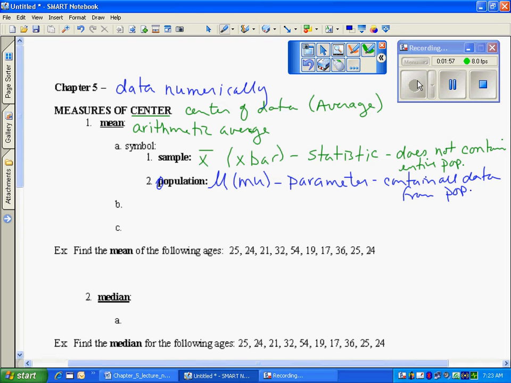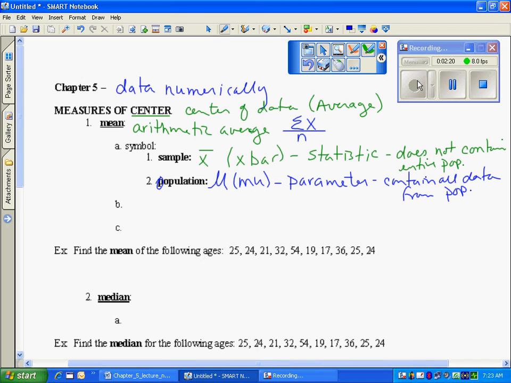Now, to calculate both x bar and mu, we need to use arithmetic, i.e. the arithmetic average. To calculate the mean, we're going to use a few math symbols. That's a summation symbol. We're going to sum all my x's, or all my individual observations, and we're going to divide by the total number in my sample, i.e. lowercase n.